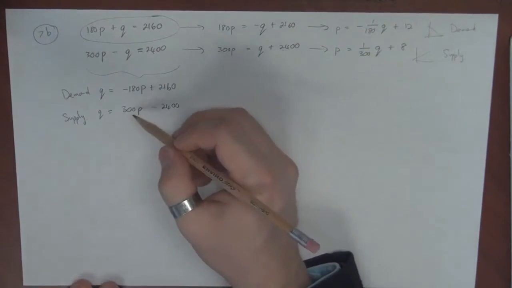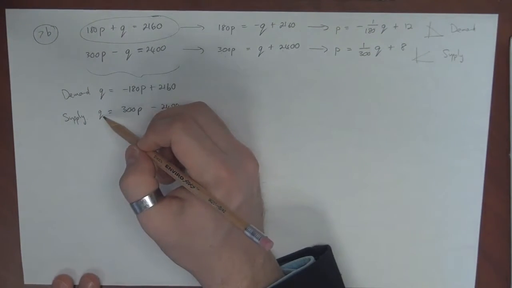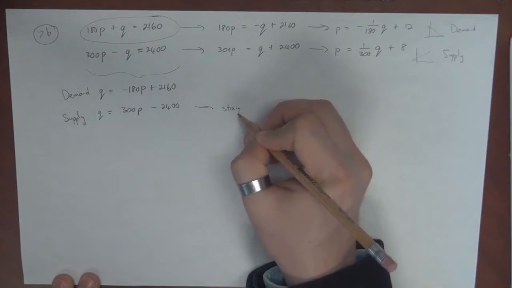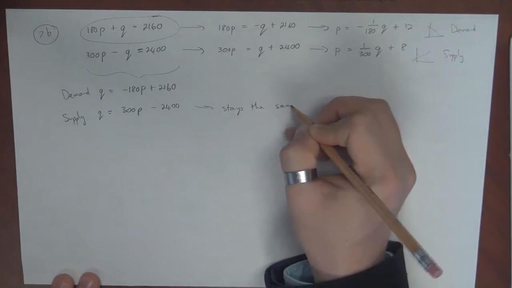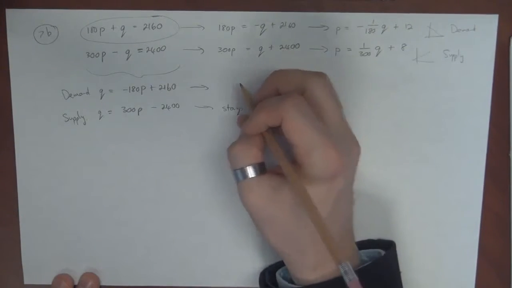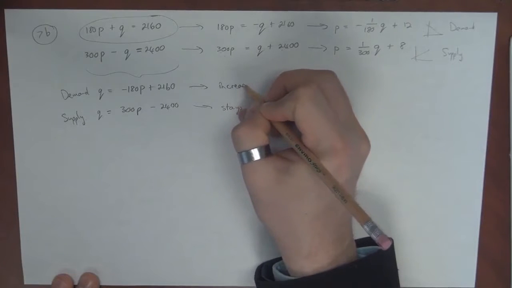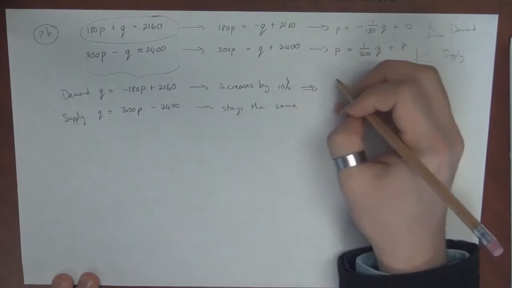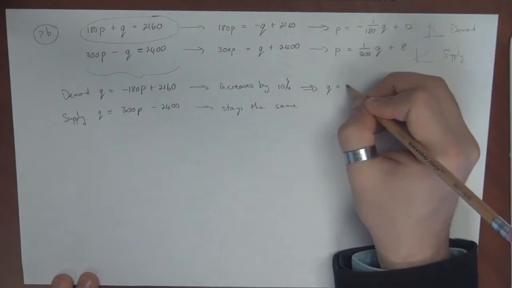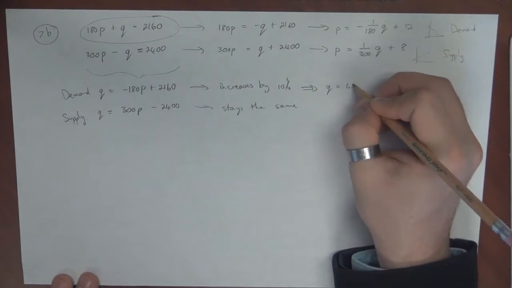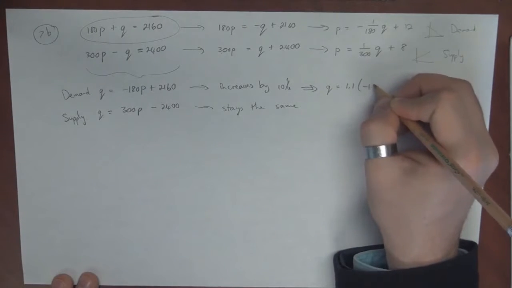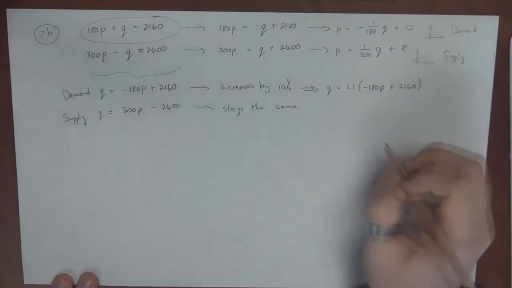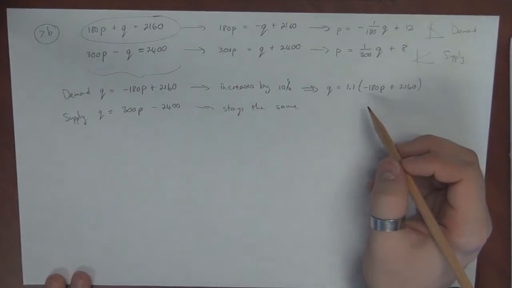And previously we set them equal to each other where the demand quantity equals the supply quantity. But now this stays the same. The demand quantity increases by 10% to give me Q equals 1.1 times negative 180p plus 2160. It's an increase of 10%.